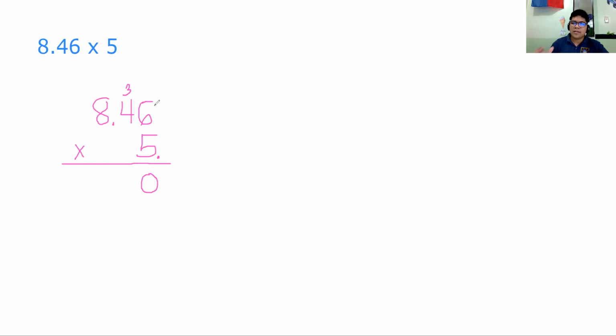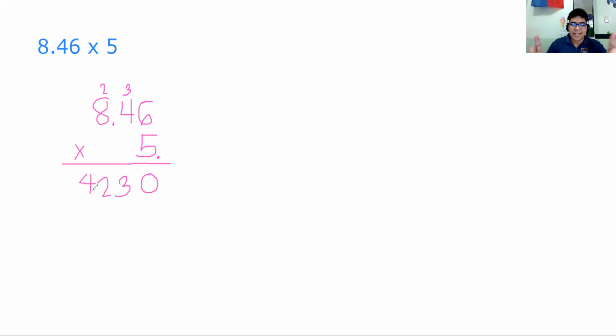Pero mostly, you should be practicing your multiplication table skills. 4 times 5 is 20 plus 3, 23. And then 8 times 5 is 40 plus 2 is 42. All right, so that's 4,230 if walang decimal points, if it's 846 times 5.